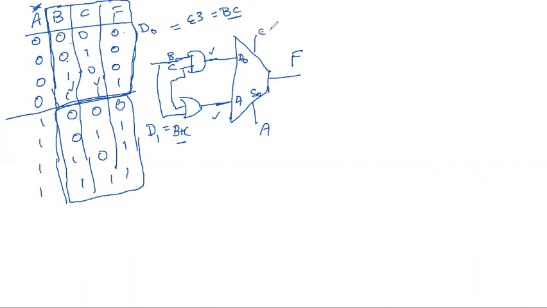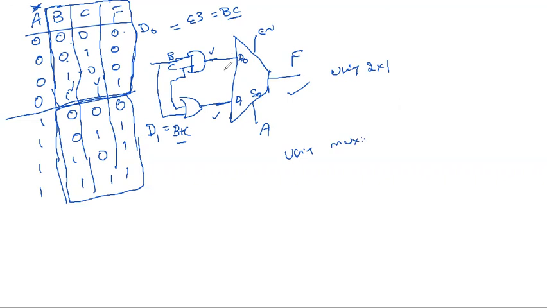If enable is available, write enable here. So this is the final circuit using 2 by 1. Like that, you have to do any problem using muxes.